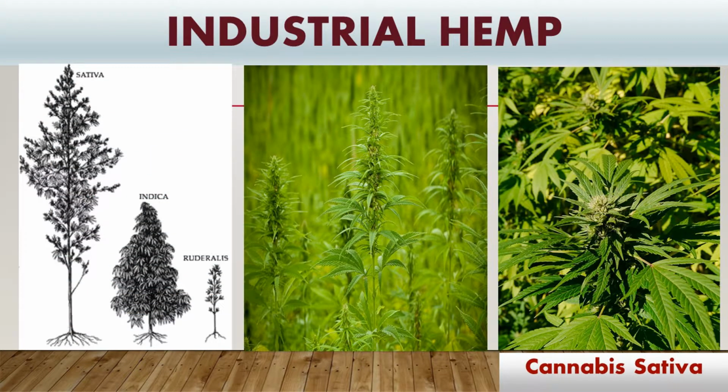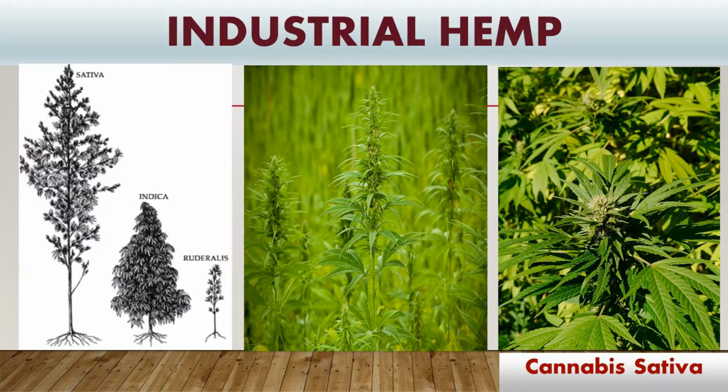Here are pictures of the three types of cannabis plants: Cannabis sativa, indica, and ruderalis. Only the Cannabis sativa strain with a low psychedelic THC content is suited for industrial hemp.